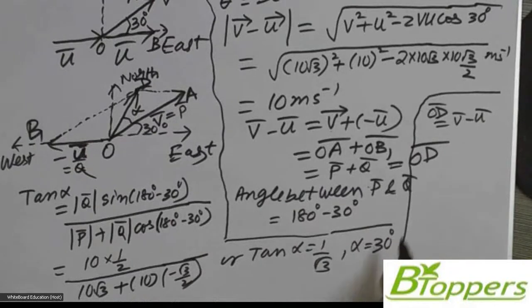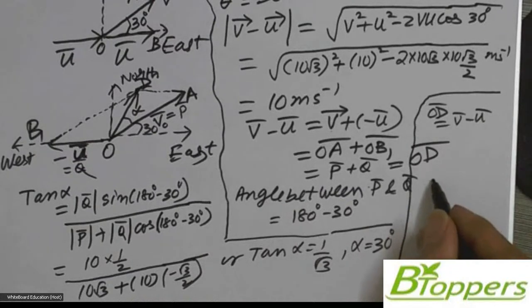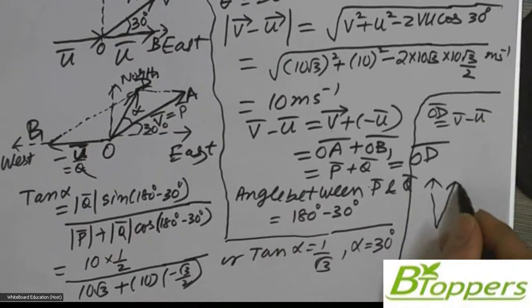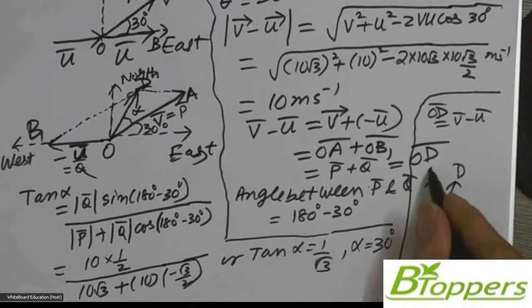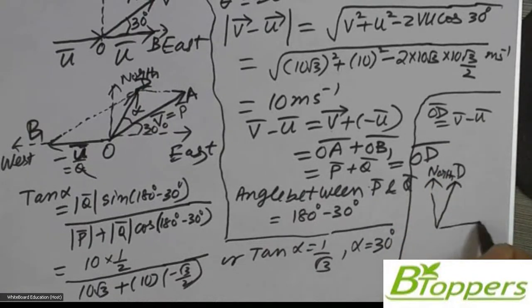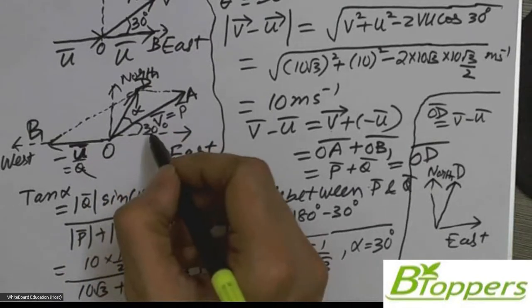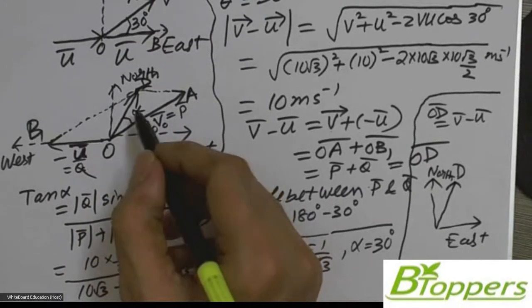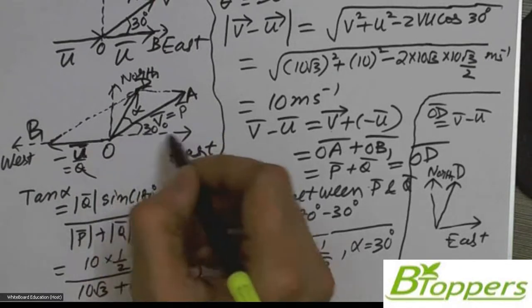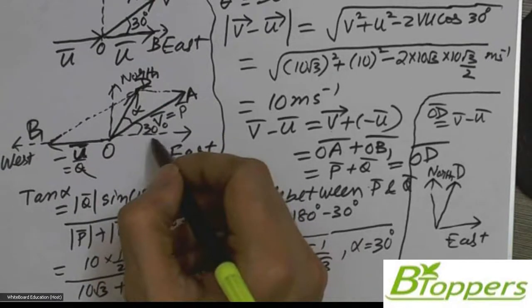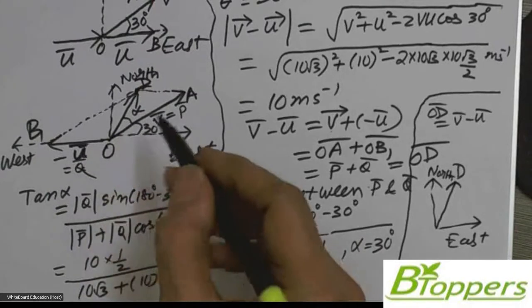That means OD bar makes what angle with the north direction? This angle alpha we got 30 degrees. So 30 plus 30, 60 degrees. That means OD bar makes 60 degrees with east. So what angle does it make with the north direction?